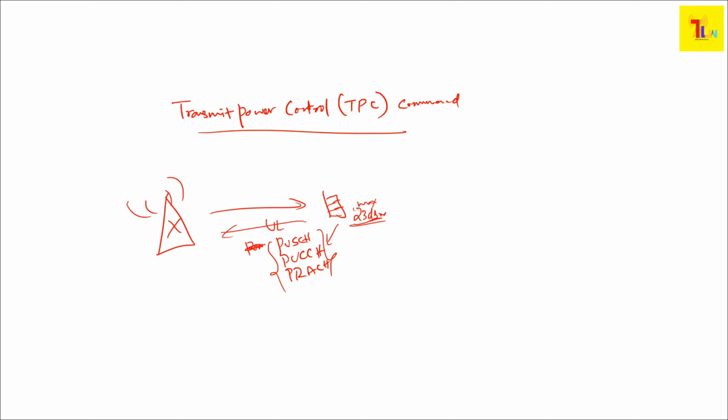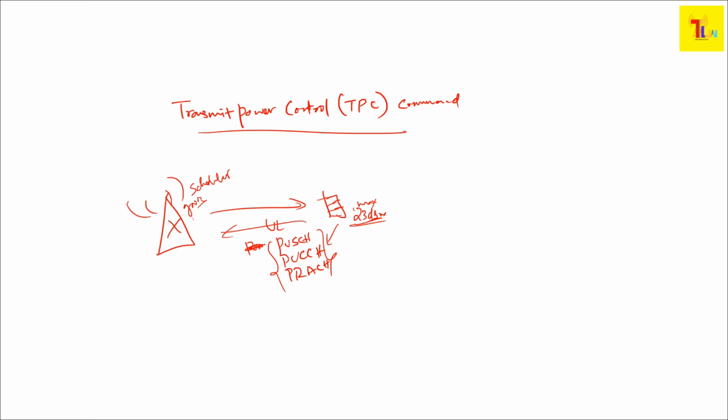But if it continues to transmit at the same power, you may end up draining your battery very quickly. So you have to intelligently update the UE about how much power it has to adjust, so it doesn't over transmit or under transmit. Depending upon the eNodeB scheduler decision, the eNodeB informs the UE about how much power to adjust so that it is good enough for sending any type of data.